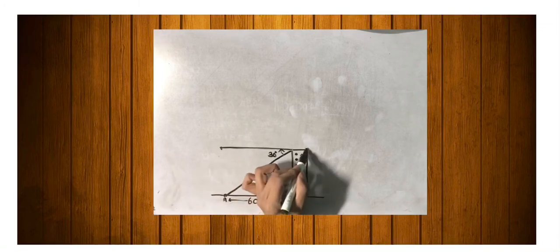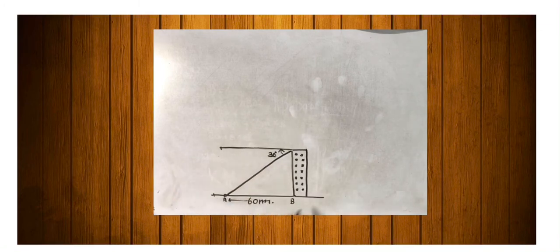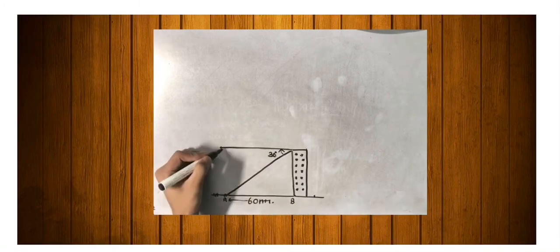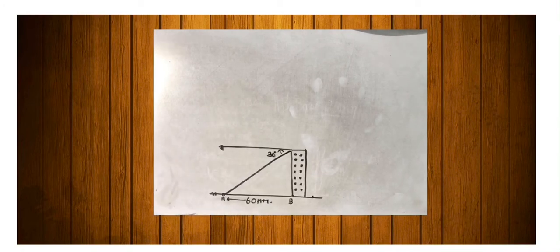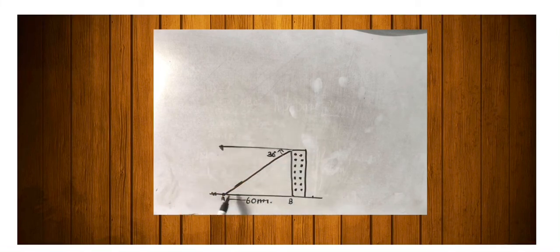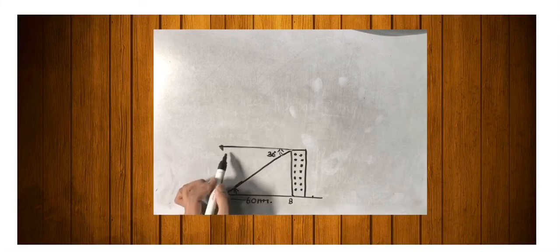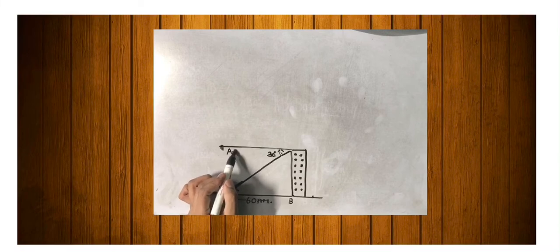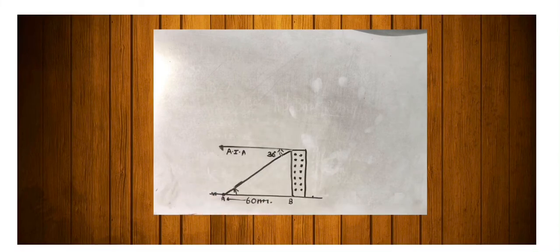This horizontal line of sight is parallel to the ground surface. So considering this line as the transversal, it intersects the parallel lines. So this angle will be equal to this angle by AIA, alternate interior angles. So this angle will be 30 degrees.